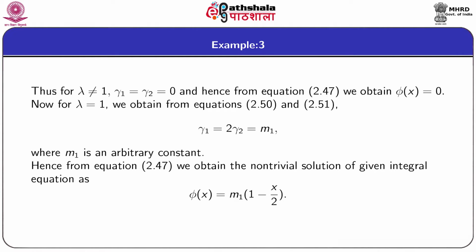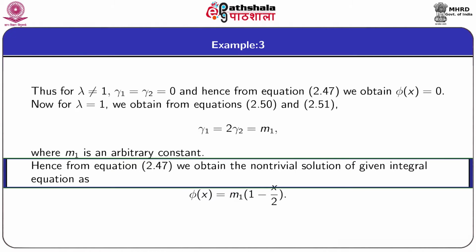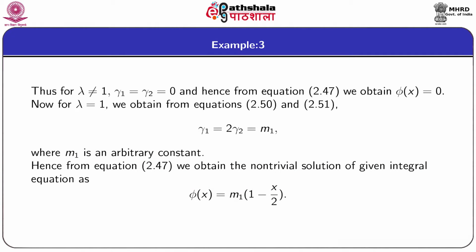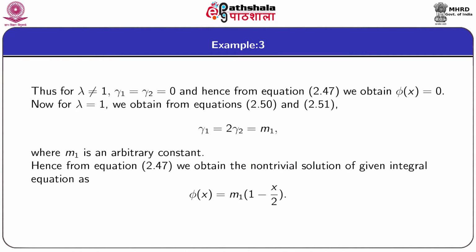If I substitute m1 into equation 2.47 in place of gamma 1 and gamma 2, we find the non-trivial solution of the given integral equation as phi x equal to m1 into 1 minus x by 2. So, this is the non-trivial solution of the given integral equation.